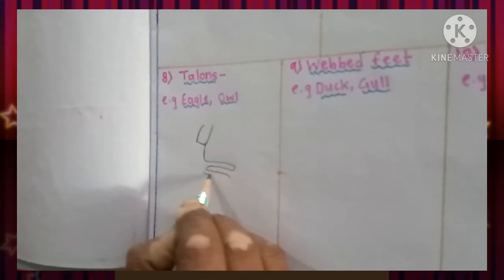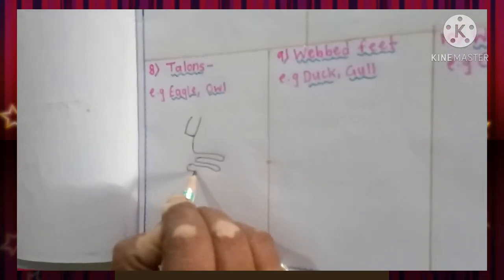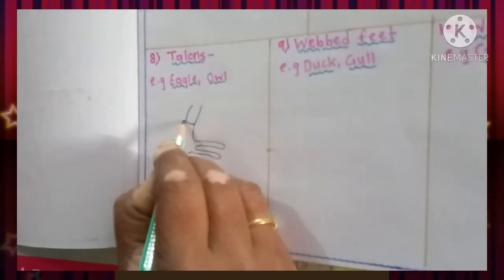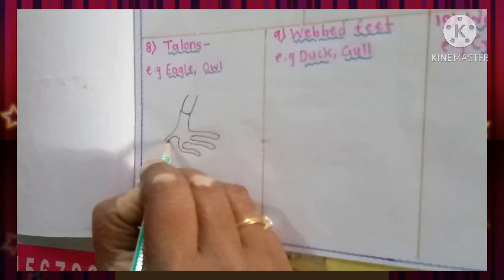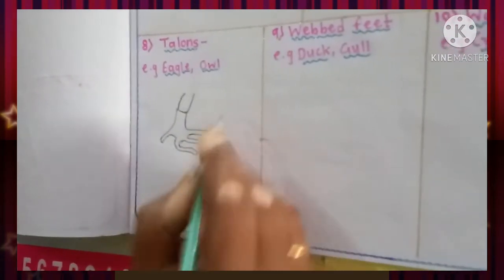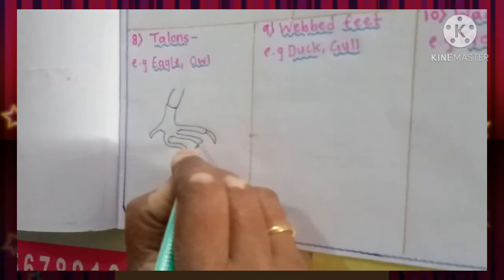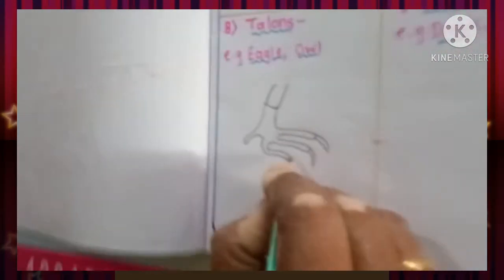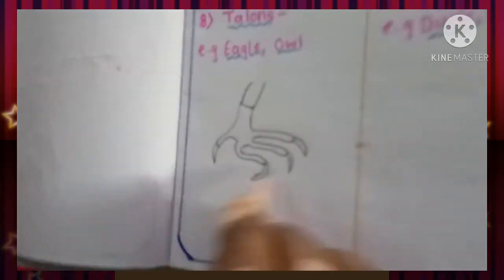See, 3 toes on front side and the one toe is on a back side. And these are the toes, and they have curved claws. These are the horny claws. By using those horny claws, they can catch the prey. See, and these are called talons.